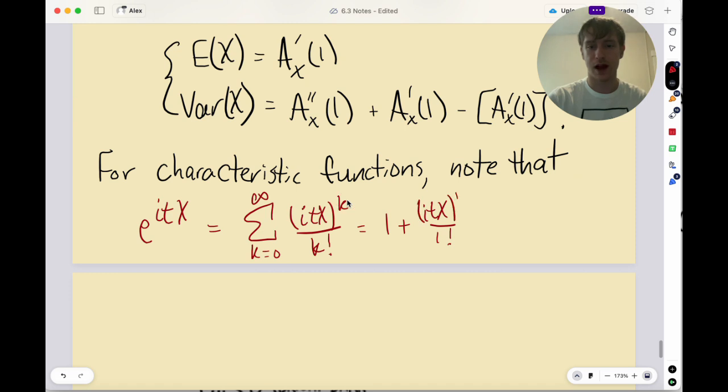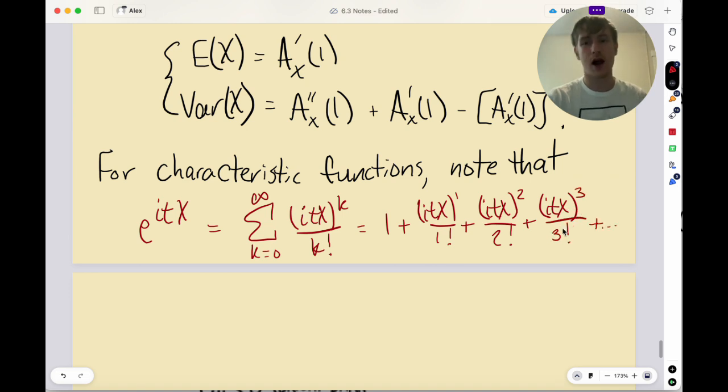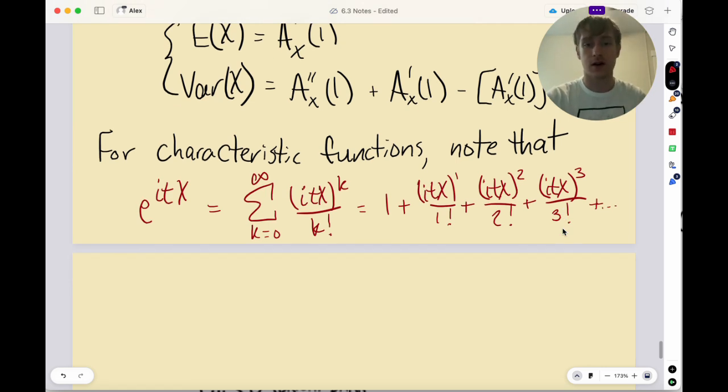Might as well just write that out. Plus (itX)^2 over 2 factorial, plus, and we'll do one more, (itX)^3 over 3 factorial, and so on and so forth. But remember that properties of the imaginary number i can come in clutch here. The first term is 1.